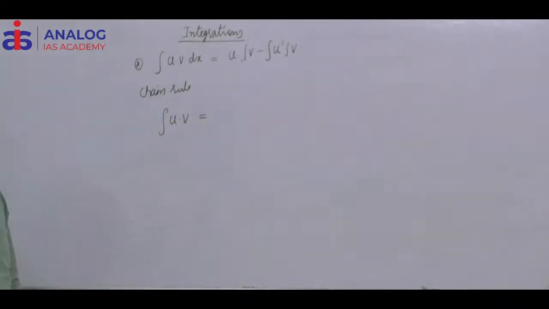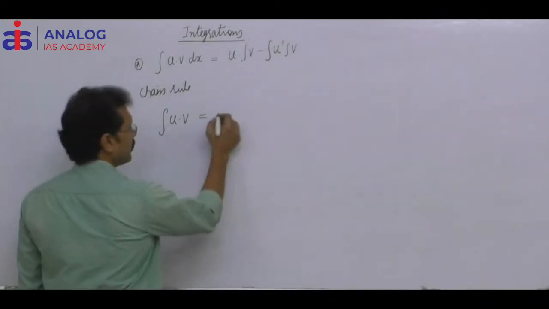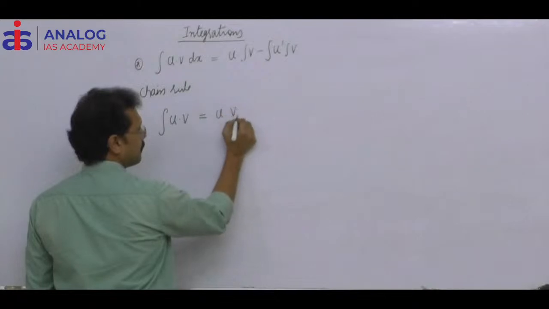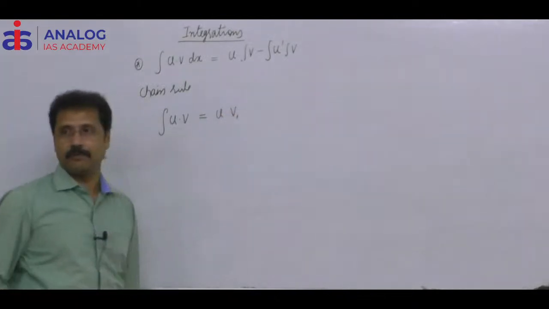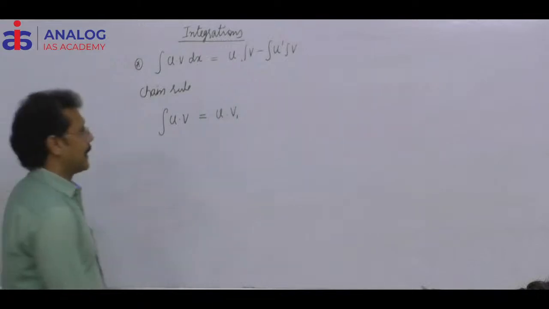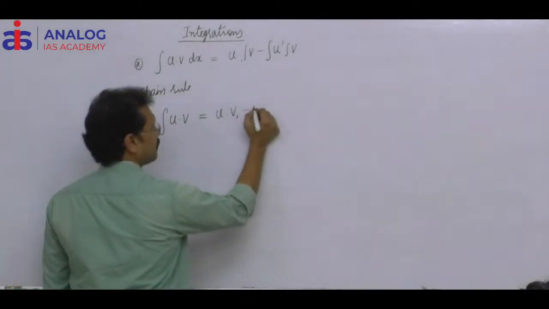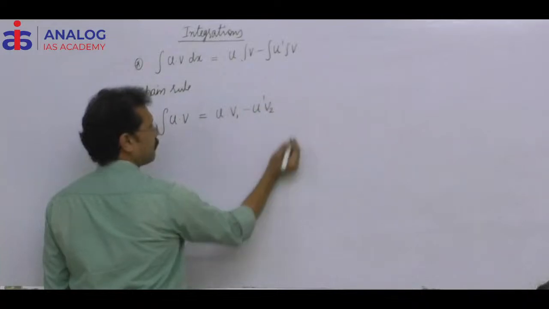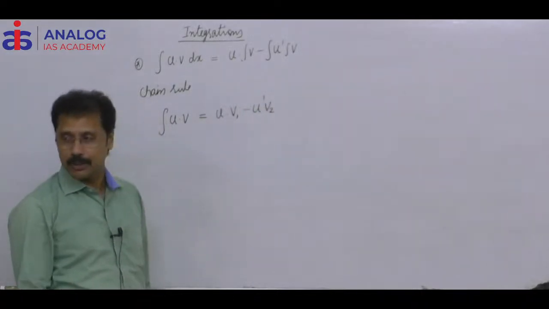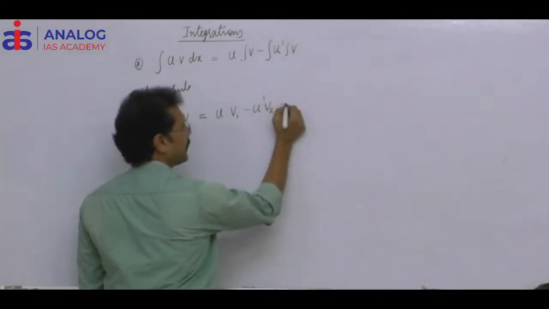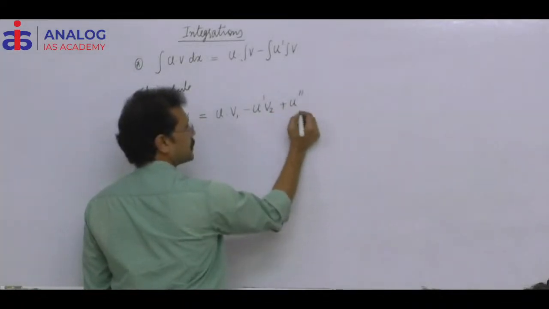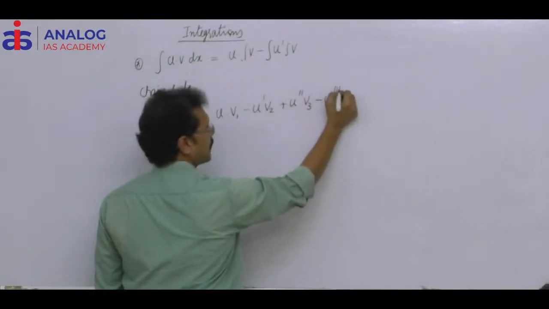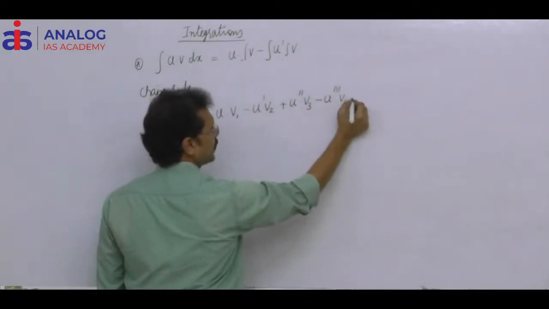Chain rule of UV is U into integral of V, I will write it as V1, V1 is the first integral of V, minus differentiation of U, double integral of V, V2 is the double integral, plus U double dash, triple integral, minus U triple dash, fourth integral, plus so and so on.